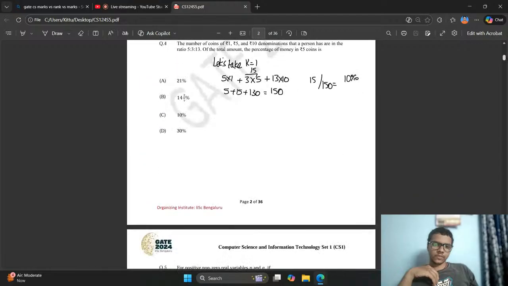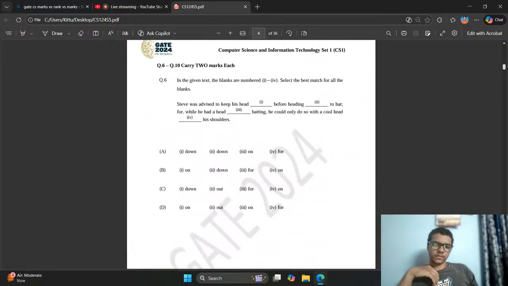1, 2, 3, 4. Okay, that's it. That's for 5 marks. In the given text, the blanks are numbered. Steve was advised to keep his head down before heading down the vent. While he had a cool head on his shoulders.